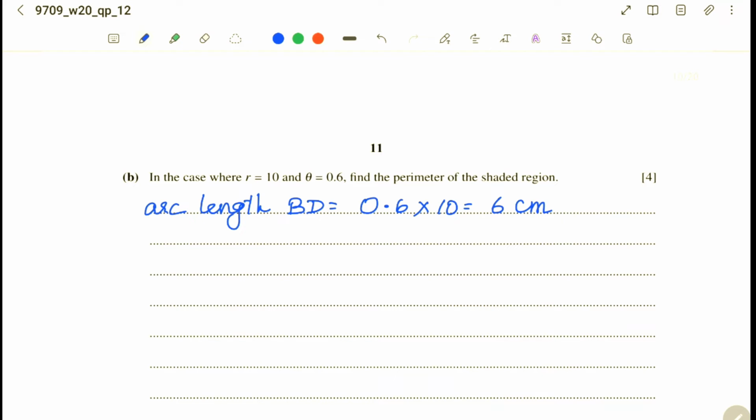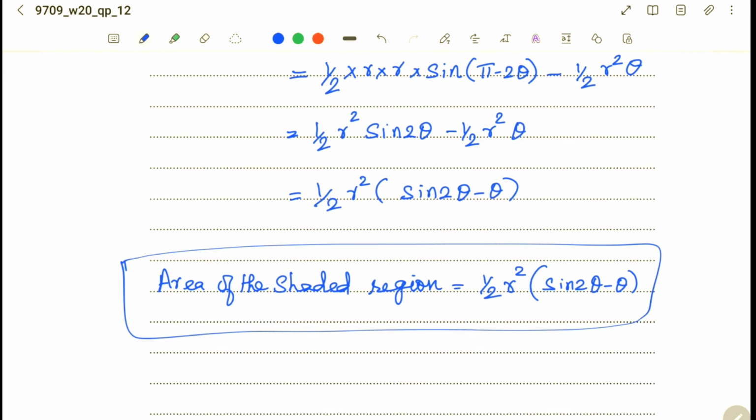And we need to calculate AC. BC is given, which is r, 10 centimeters.